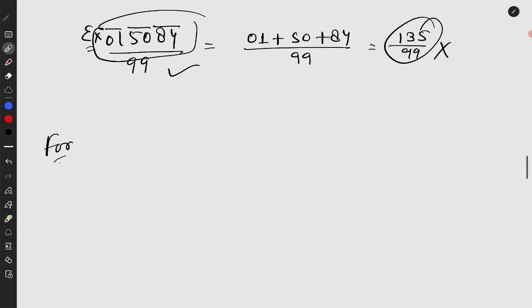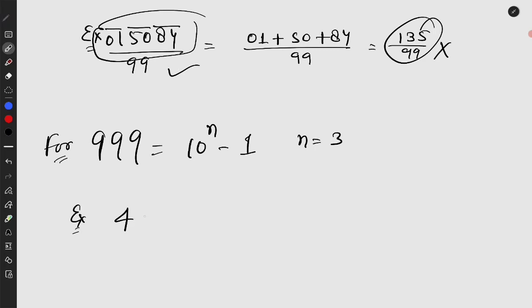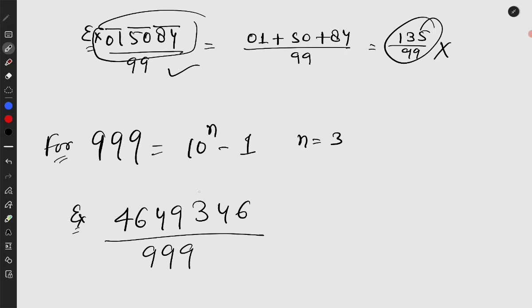So any number which forms like 10 to the power n minus 1 will follow the same logic. For example, 999. 999 is 10 to the power n minus 1 and here n is 3. To check for 999, we can go for 3 digits at a time. For example, if we have the number 4649346, and I want to check whether this number will be divisible by 999 or not, I should pick 3 digits at a time. It's like 1 pair, 2 pair.